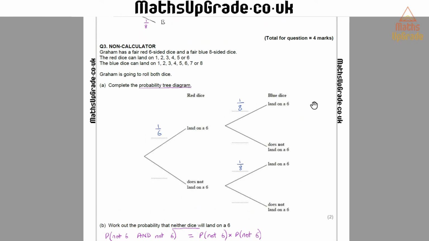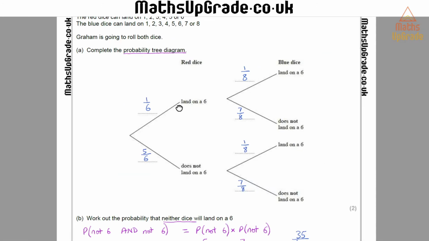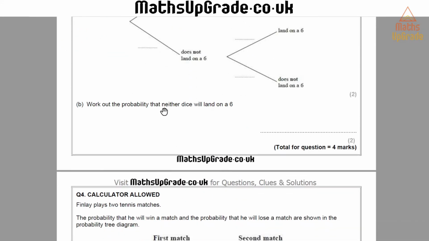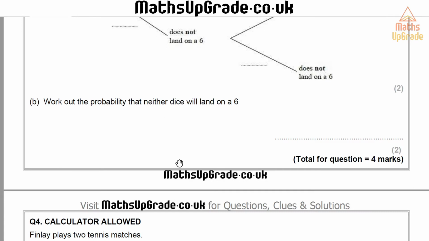Similarly with the blue dice, there's 8 numbers altogether. It's a fair dice. The probability of landing on 6, there's 1 six out of 8. This must be 7/8. And similarly for these fractions here. So there's your answers there for the 2 marks. In part B, we need to work out the probability that neither dice will land on a 6.